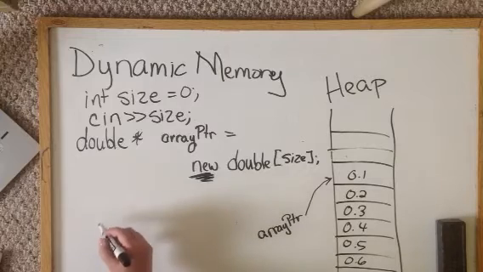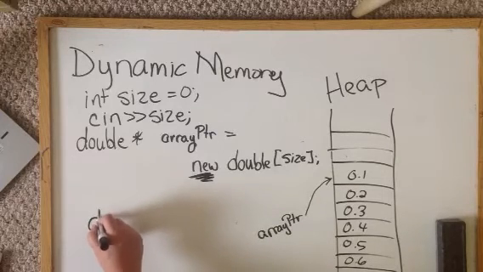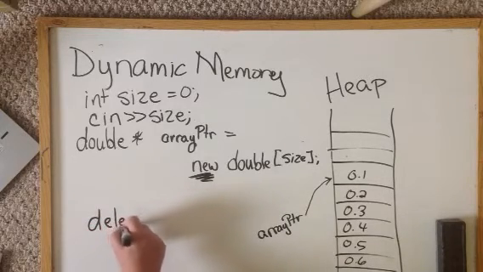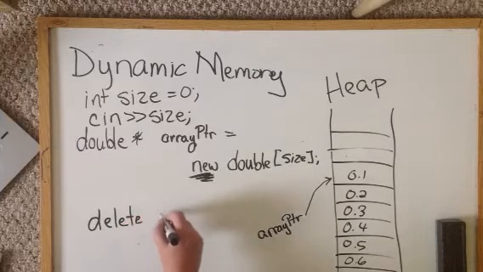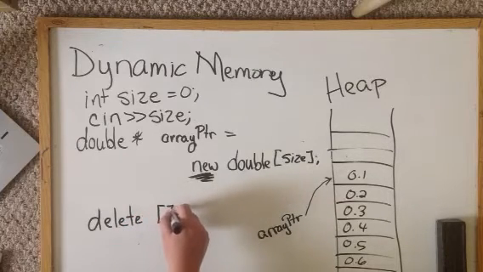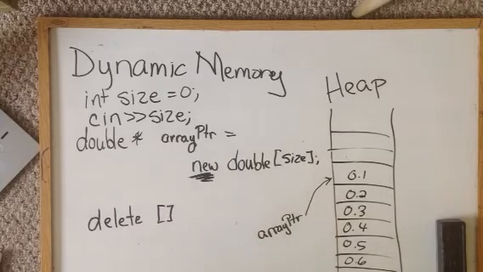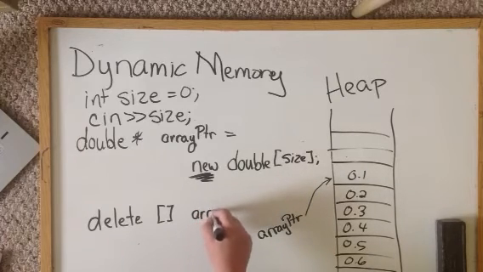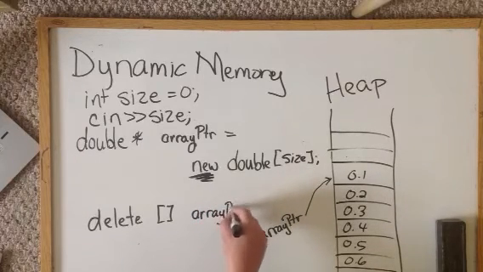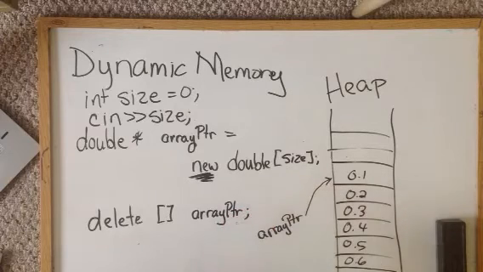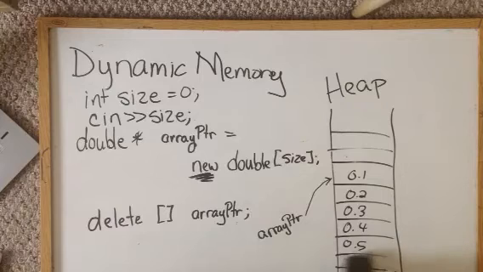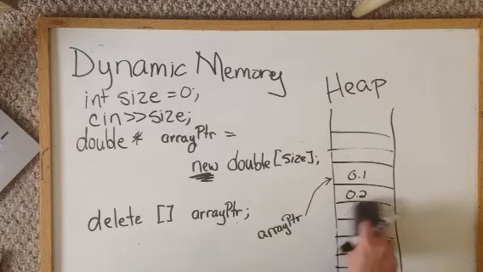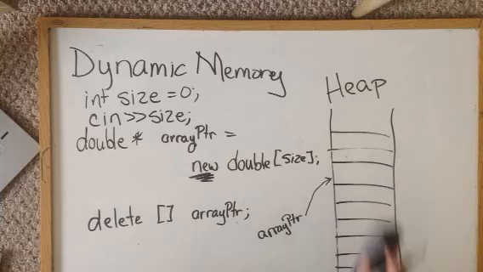If we're going to release an array, we use the keyword delete and then the special symbol of the square brackets to let it know that we want to release the whole array, and then the name of our array. And that lets us release all this memory. It gets freed up and it can be used for something else.